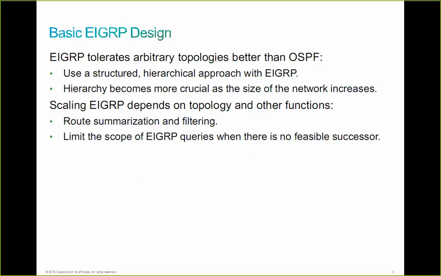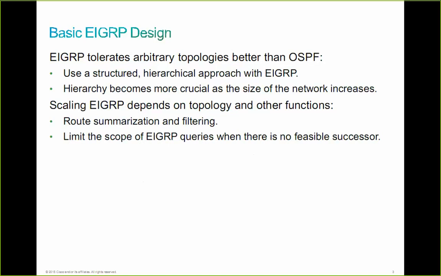However, that's changed, right? As of 2013, it's been released as an IETF standard with some limitations, right? The stub routing features aren't available, and some other features in EIGRP aren't available, but basic functionality is still open and still controlled by Cisco, but it's been released as an open standard.